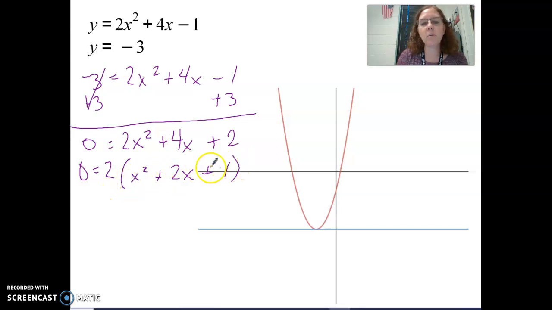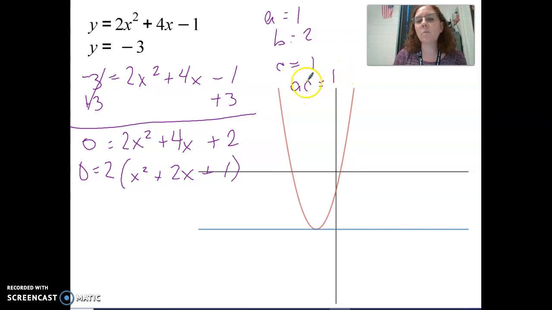Okay, now we need to do A, B, and C on this quadratic. So let's do A equals, B equals, C equals. And remember, to find A, B, and C, I'm going to use the values inside my parentheses. So A is going to be 1, B is going to be 2, and C is also going to be 1. So I'll multiply A and C together. 1 times 1 is 1.